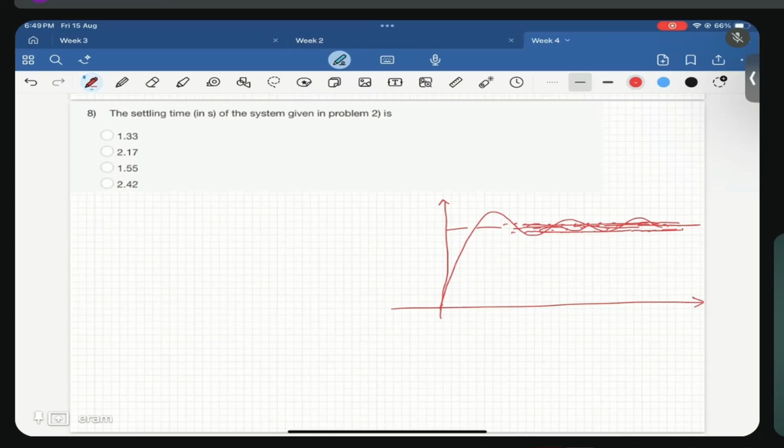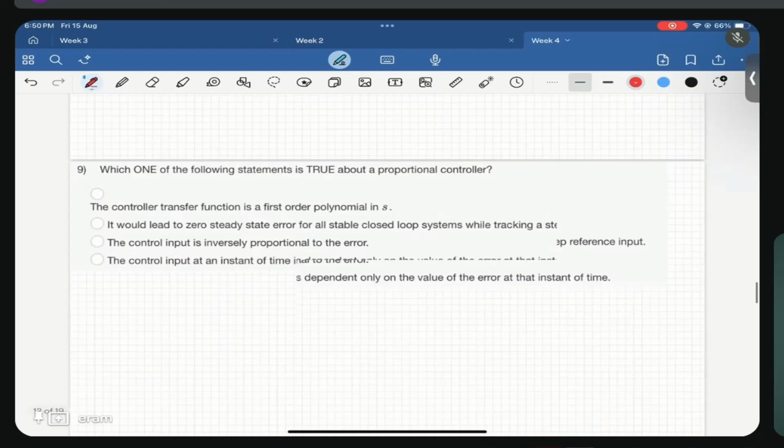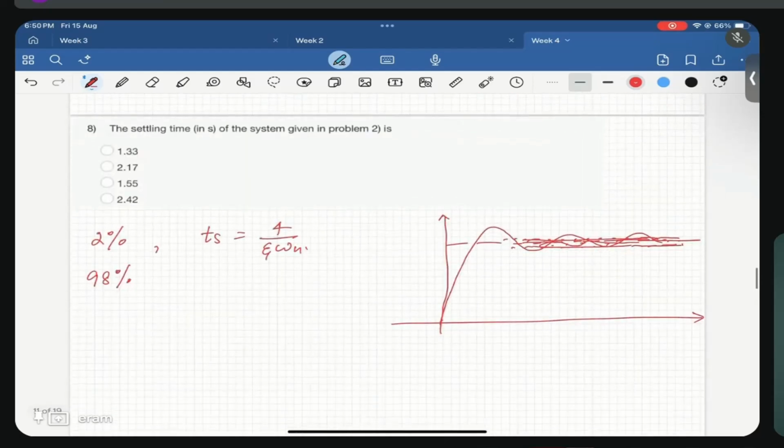So for 2%, or another way we can say 98% of the final value, the settling time is 4 by zeta omega n. So you can calculate and check which value you are getting, because these are just calculation based questions.